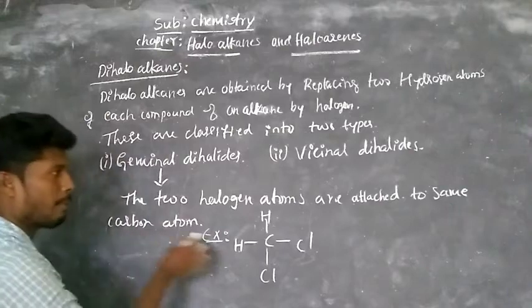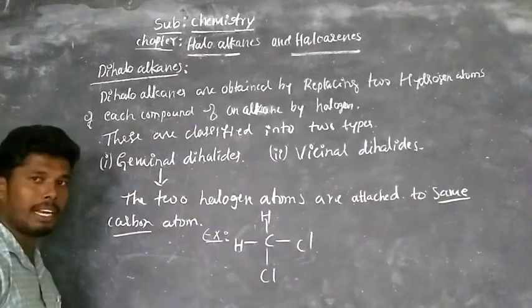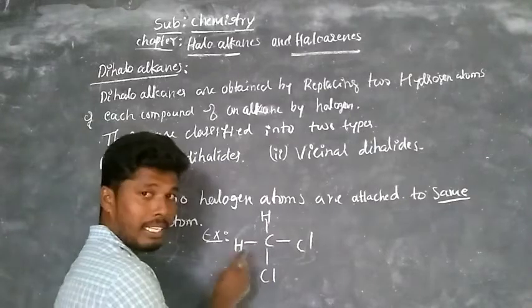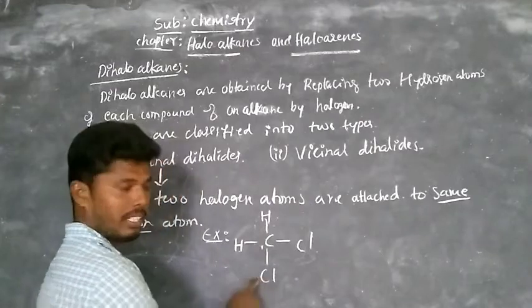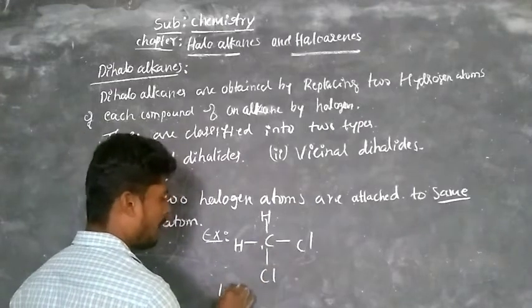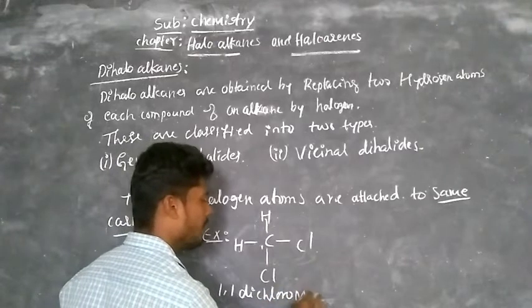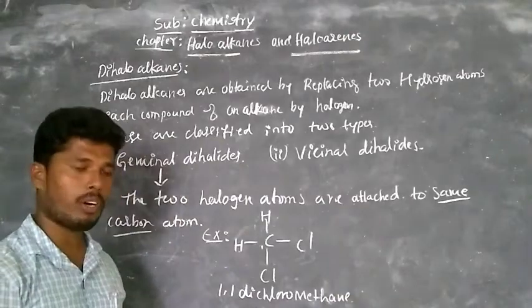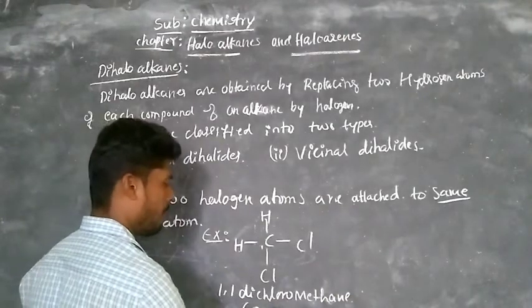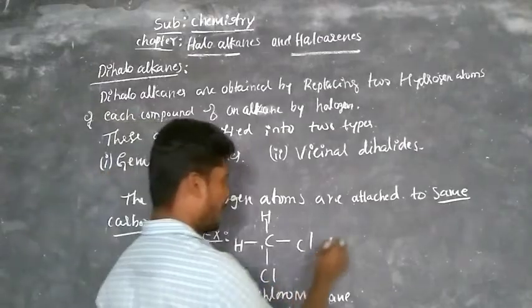Therefore this is an example of a geminal dihalide. For carbon 1 there are 2 chlorine atoms, so it is 1,1 dichloromethane. This is simply called DCM, dichloromethane.